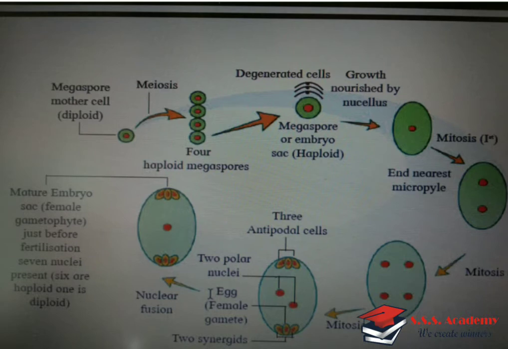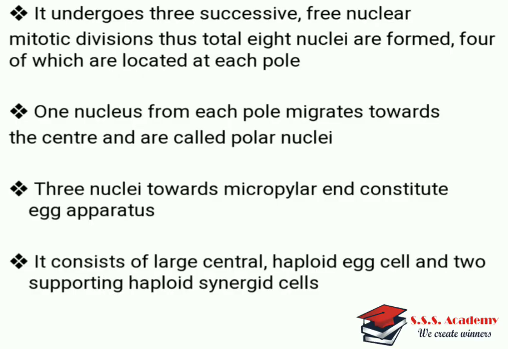In the first mitosis, the single nucleus divides into two nuclei. Those two nuclei divide further into four nuclei. Then those four nuclei undergo the third mitotic division and become 8 nuclei in total. Therefore it has been written: it undergoes three successive free nuclear mitotic divisions.